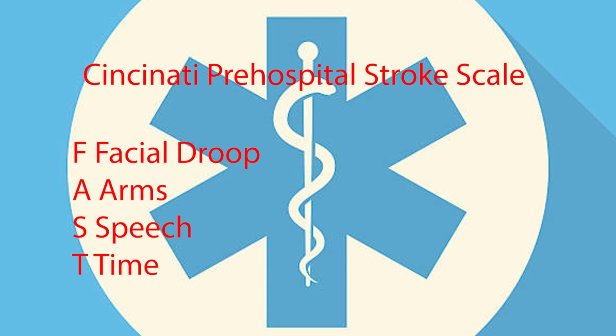There are different kinds of strokes, and we'll get into those once we get into neurological emergencies. But basically, you want to remember FAST, which is another acronym. FAST is a kind of a troubleshooting path to check to see if someone's having a stroke.